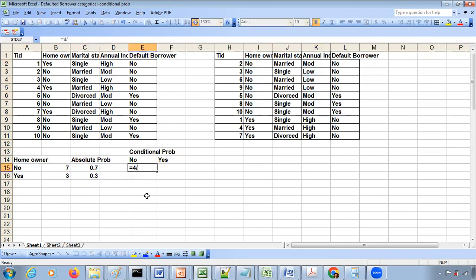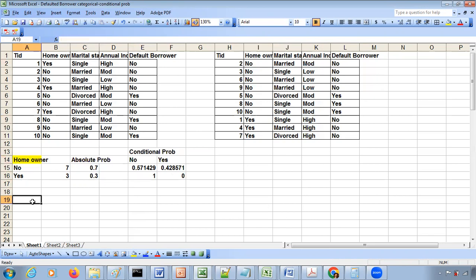So 4/7 for class no and 3/7 for class yes. Then out of the 3 yes records, all belong to class no. So it's going to be 3/3 for class no and 0/3 for class yes. So that's the conditional probability for homeowner.